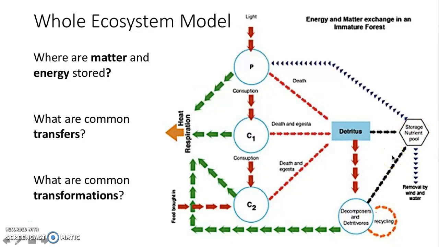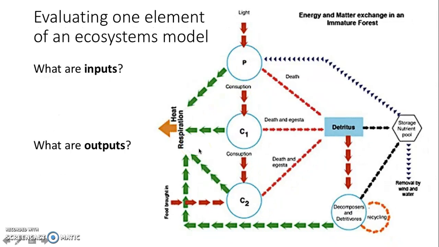That's an excellent example. Something else to think about is that the light being moved into the producer does not continue to be light energy. It's transformed into chemical energy within the plant, so that would also be a transformation.